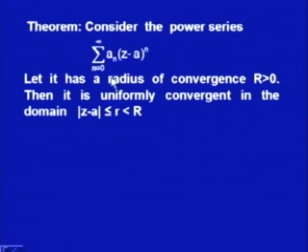So, the power series a n z minus a raised to power n will always be uniformly convergent in this domain.